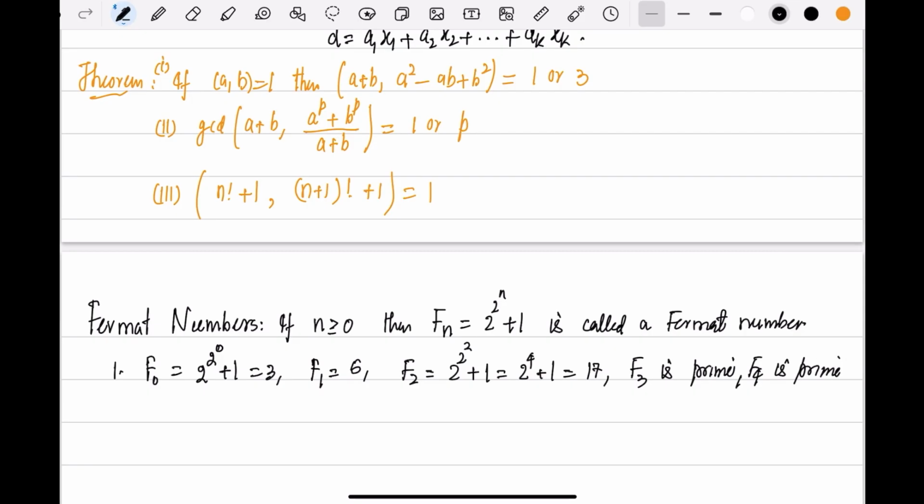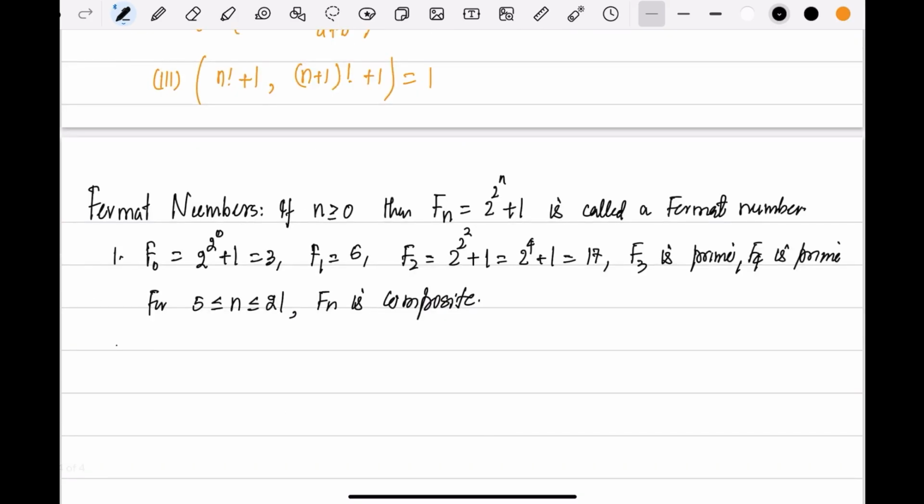But for 5 less than or equal to n less than or equal to 21, Fn is composite. And Fermat numbers also have another property: Fn and Fm are always relatively prime for all m not equal to n. That means any two Fermat numbers are relatively prime.